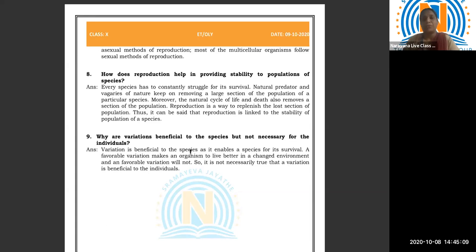If it is a favorable variation, it gives the particular organism survival adaptability. And if it is an unfavorable variation, it will not give that survival capability to that particular organism. So it is not necessarily true that a variation is beneficial to the individuals, but it is beneficial to the species.